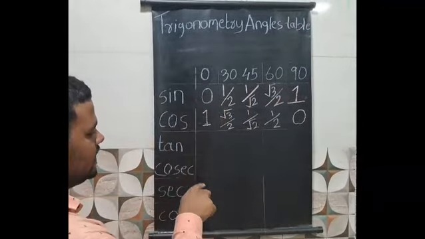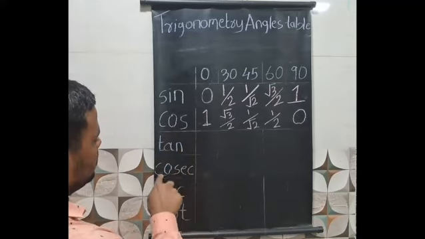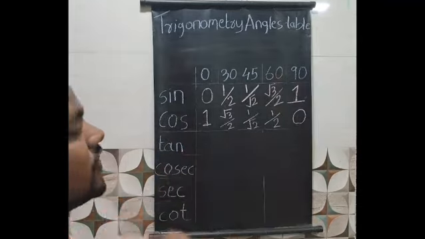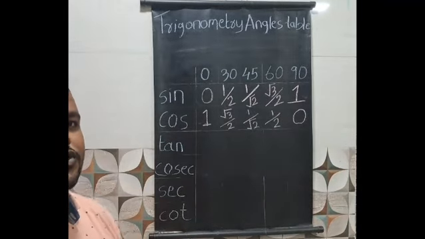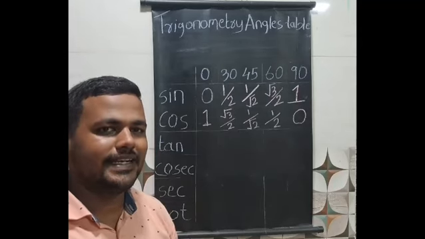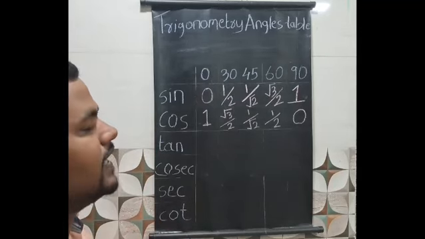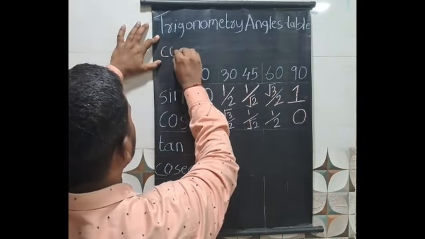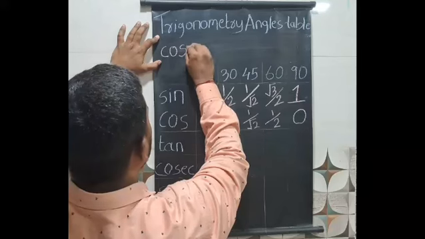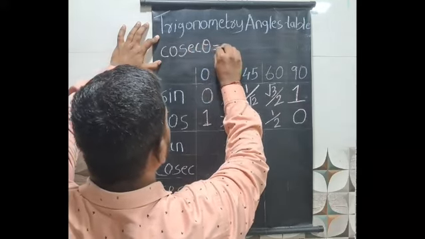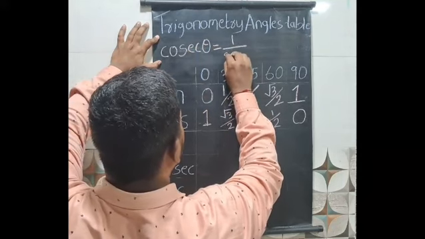After cos, we are going to derive the values for cosec theta. If you remember in our previous videos, we have learned a formula called the reciprocal identity. So we write cosec theta is equal to 1 upon sin theta.